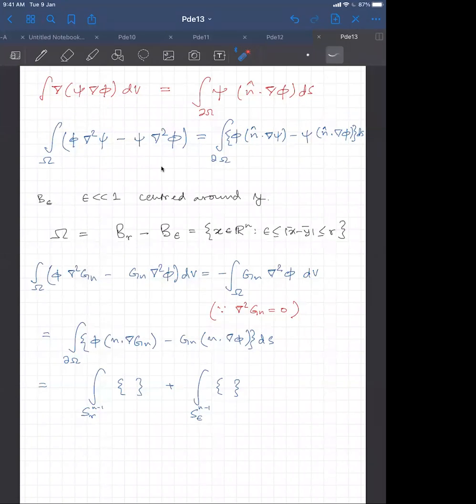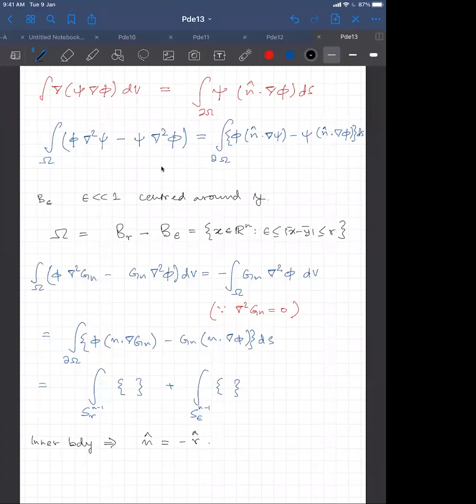Now, for the inner boundary, the sphere of radius epsilon, the outward pointing unit normal is actually minus r cap, okay? So what is going to happen? On the inner boundary, n cap is equal to minus r cap.